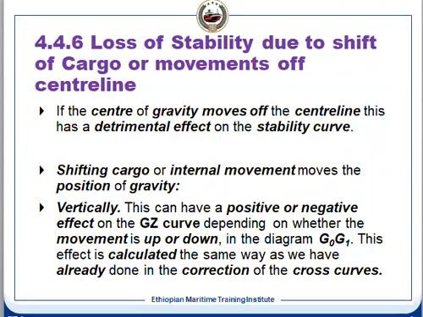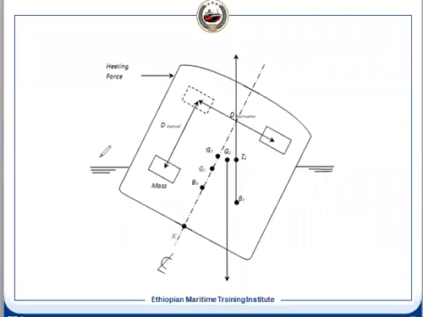Let us say we treat it like this. We will not treat it like free surface effect, though it looks like it. Mass, we have seen this type of arrangement. If mass is moved in the upward direction, then our G, which was here, will shift up; we call it the vertical shift. And then as the mass moves in this direction, G will shift in this direction, so this is the horizontal shift.